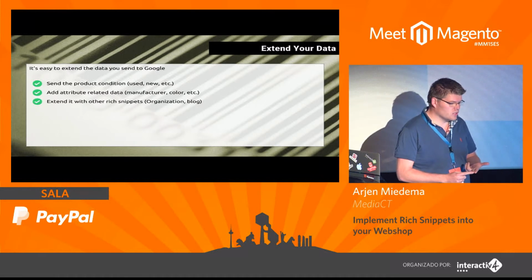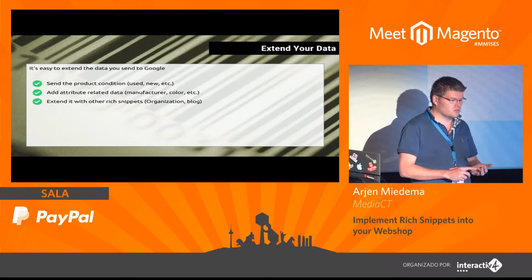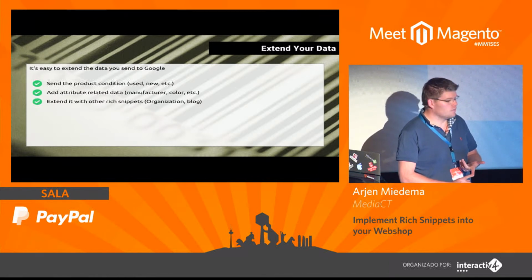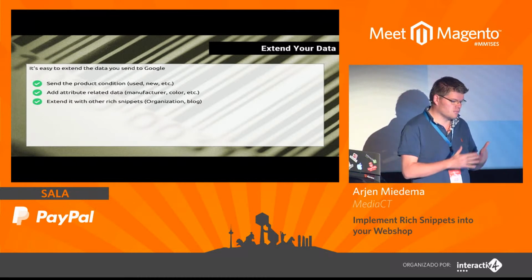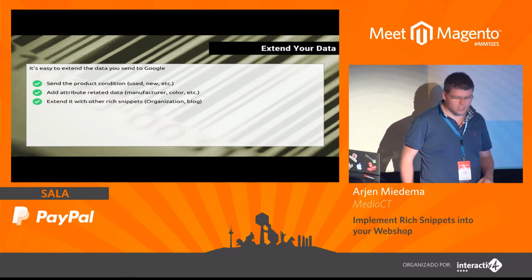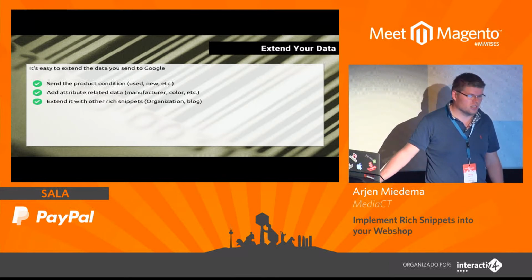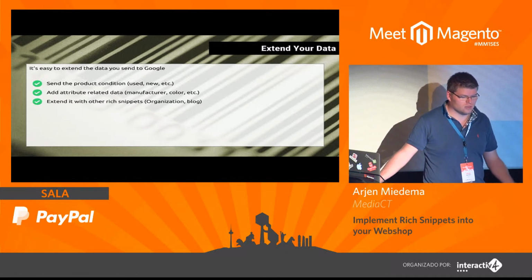And you can do that at schema.org. Everything for your products and other information like organization, your blog, your breadcrumbs, your search box is listed there. So check that website if there is anything that's not here that you want to add to your templates.